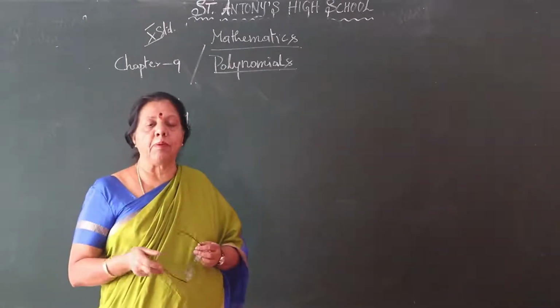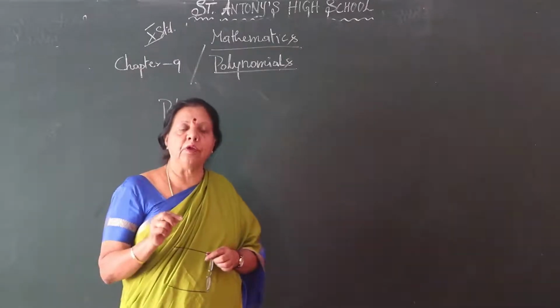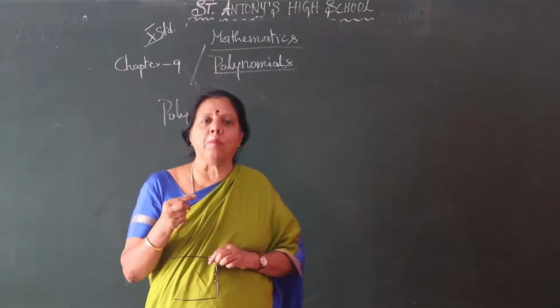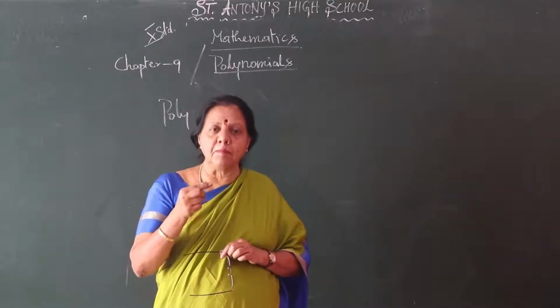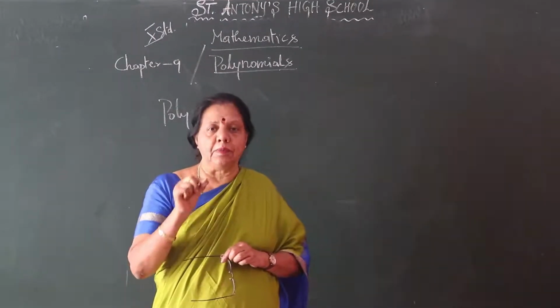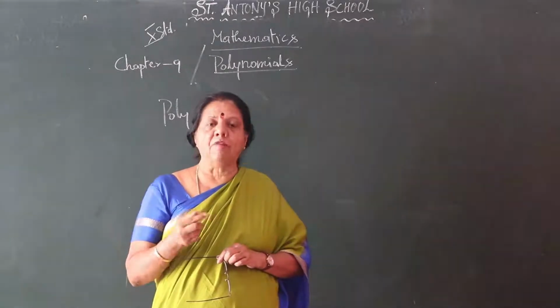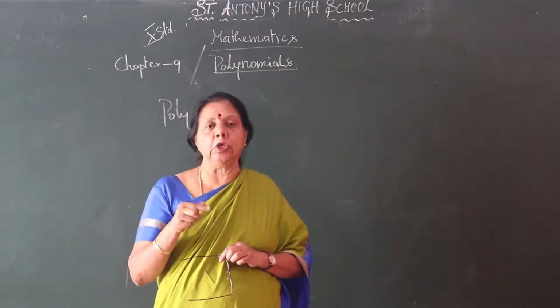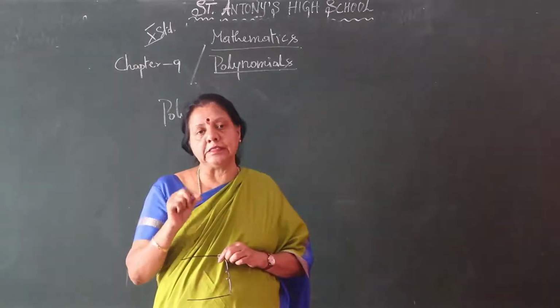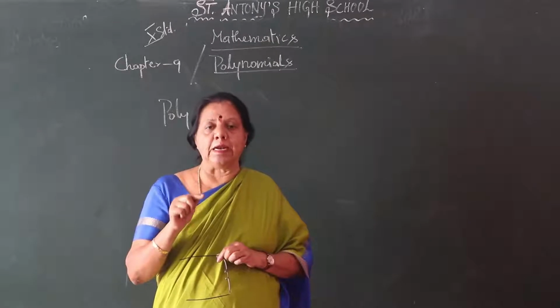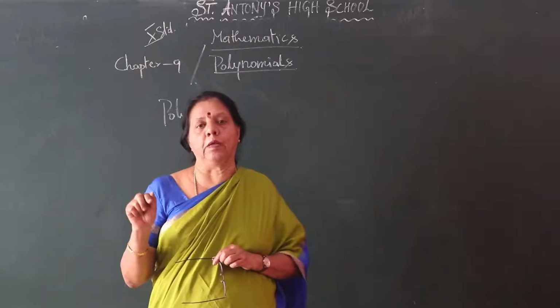In your book they have given it, and you may not be able to follow it yourself. In a simplified manner, I am explaining each terminology in your textbook. After my explanation, you go through it and you will come to know each terminology, children. Now let us pass on to polynomial.